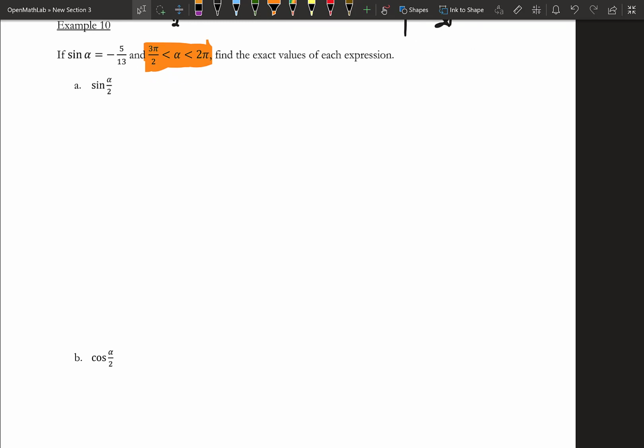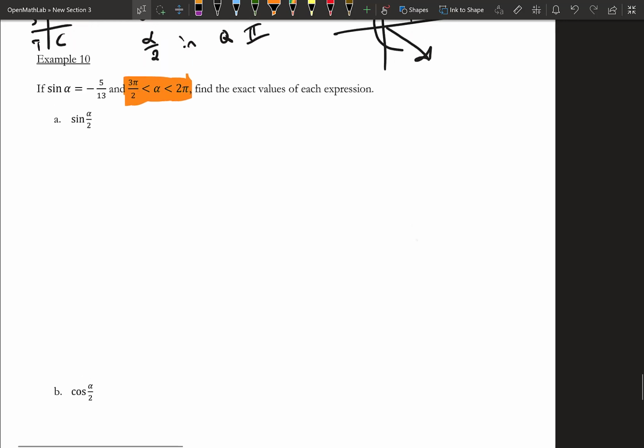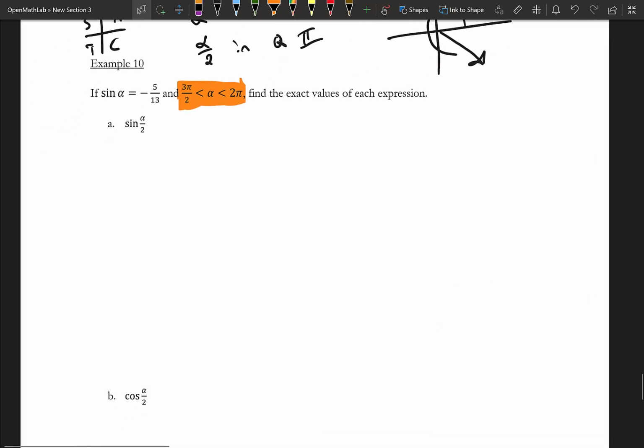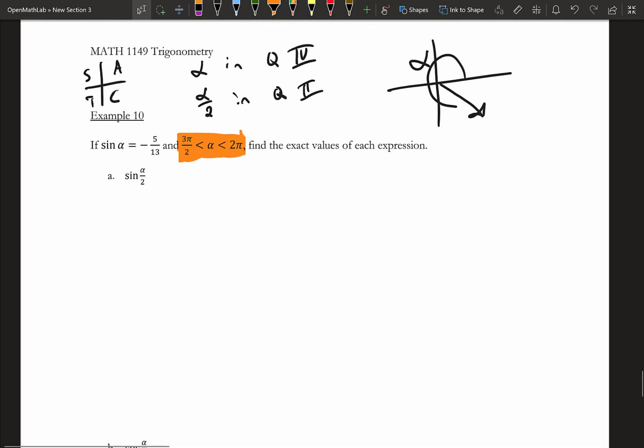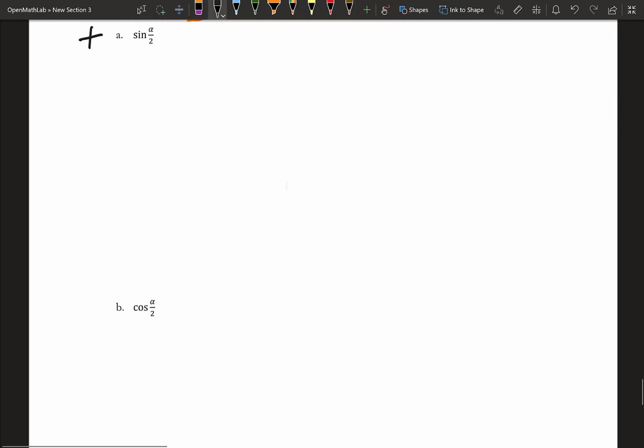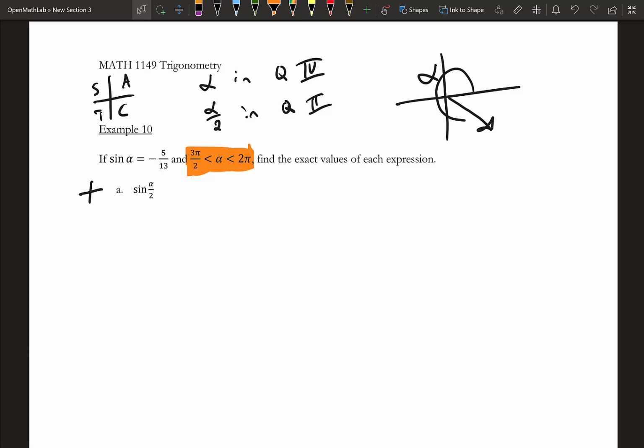So let's work this through. Sine of alpha divided by 2 is in quadrant 2, so sine is positive, cosine is negative, and tangent is also negative.